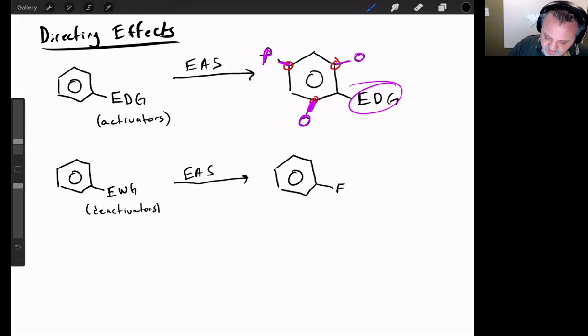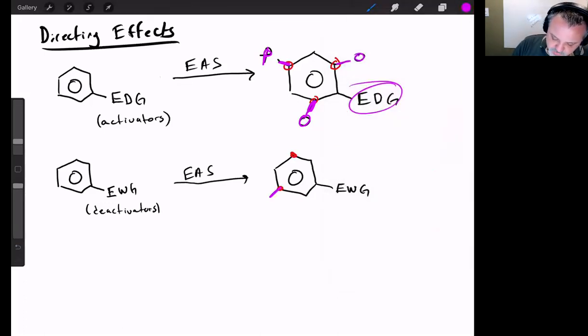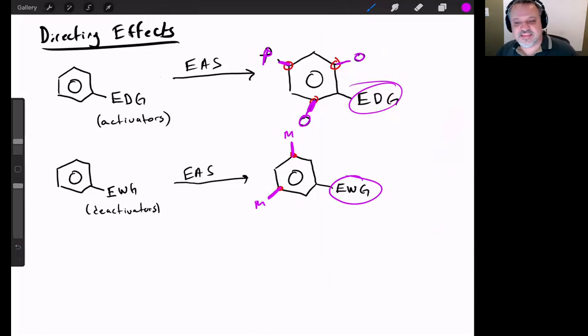And so if I have an electron withdrawing group, then the directing effects of electron withdrawing groups are to the meta position. And so if I were going to add a group on this ring, it would be at one of these positions. Of course, in this case, the example molecule is symmetrical, so the spots are equivalent. That's not necessarily true every time.